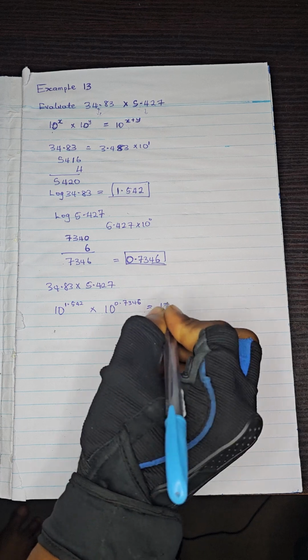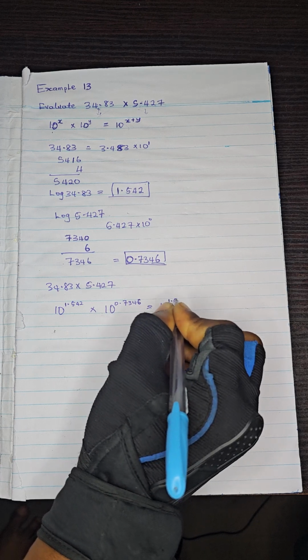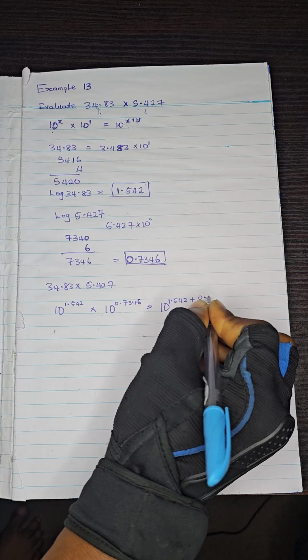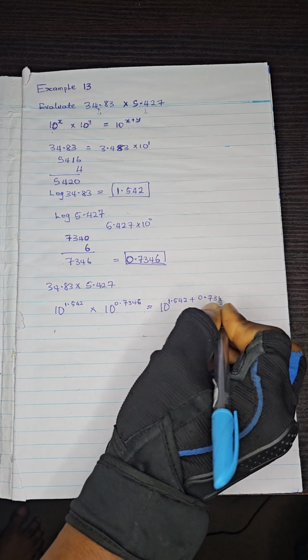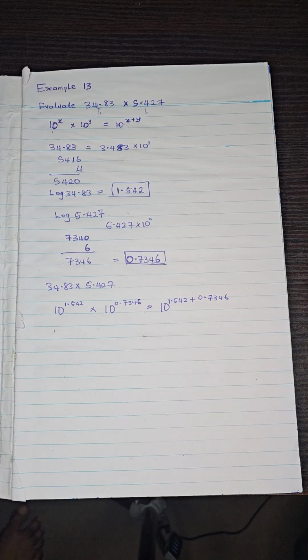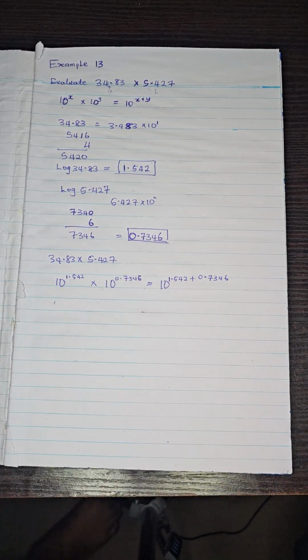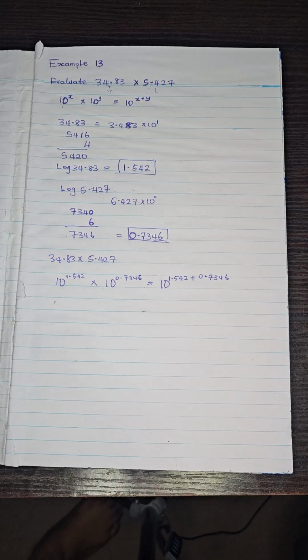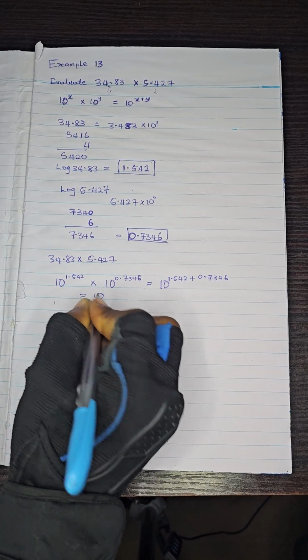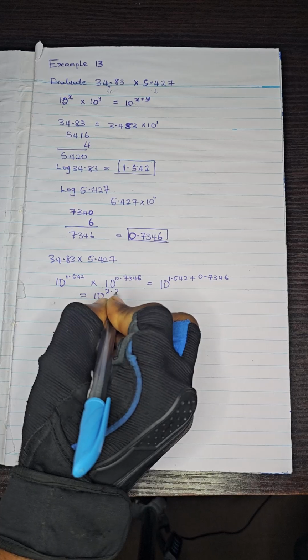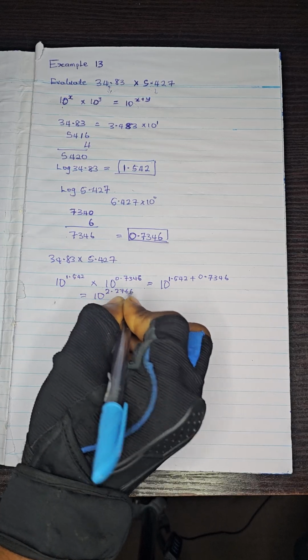So it will be 10 raised to power 1.542 plus 0.7346. So when you add these two values, what are you going to get? You are going to get 10 raised to power 2.2766.